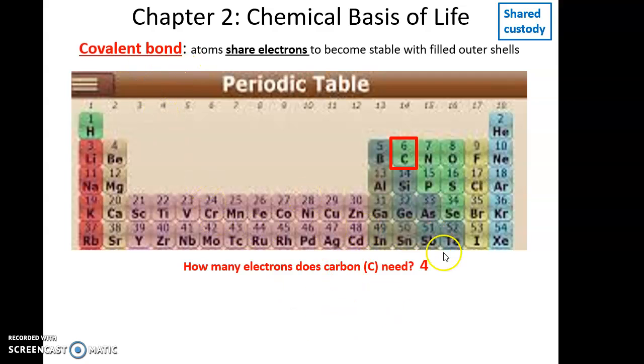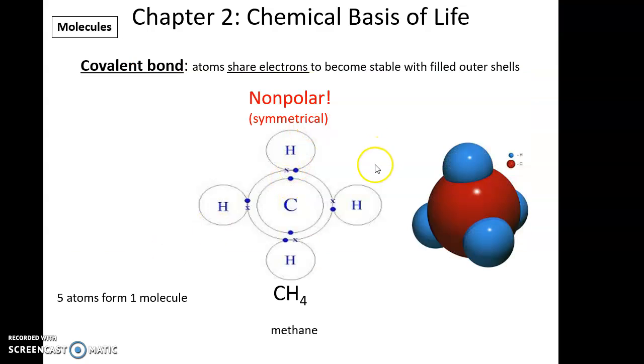And when it does covalent bonding, like any covalent bonding, it is shared custody of those electrons. So here is carbon, and it is sharing 1 electron with 1 hydrogen, another electron with another, and so on and so forth, so that we have 1 carbon and 4 hydrogen atoms, all coming together to form methane.